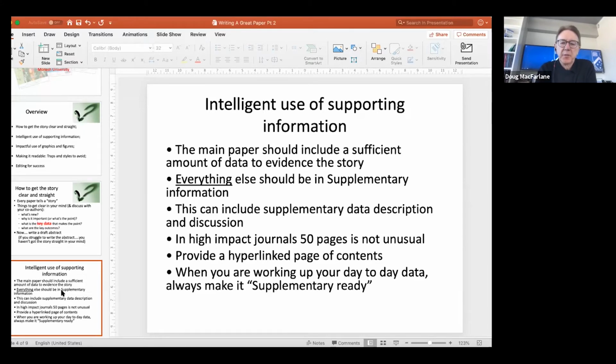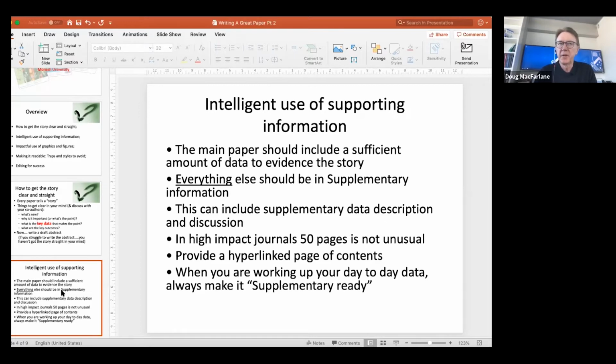The other problem that comes out of this is that there's a lot of work in presenting all of this information neatly and properly and appropriately. And my advice is that whenever you are working up day-to-day data into graphs of just about anything, or tables, or even schemes of various sorts, make them supplementary ready.